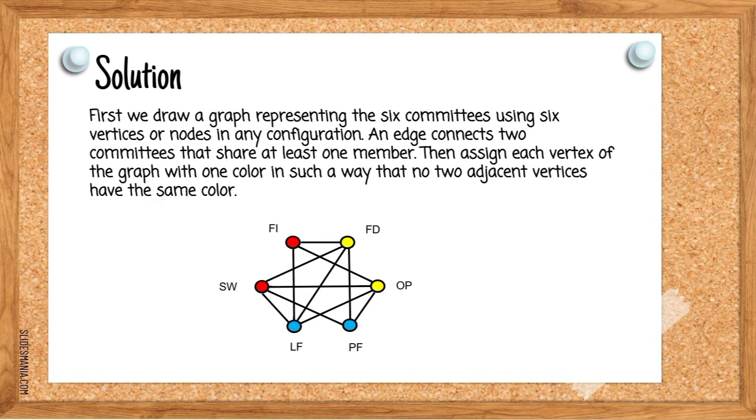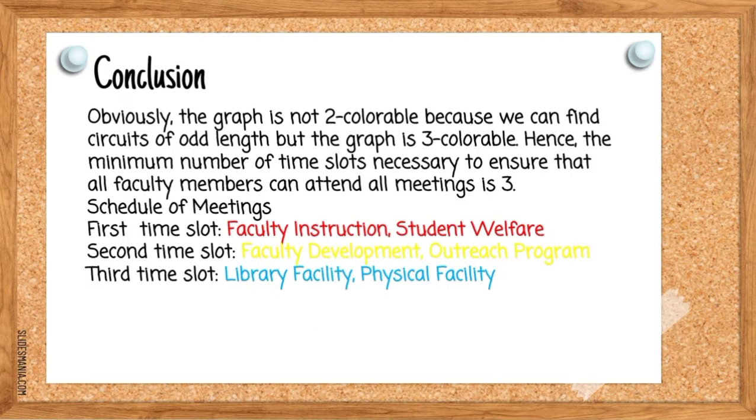The answer is shown. We have 3 as the chromatic number. Hence, the minimum number of time slots necessary to ensure that all faculty members can attend all meetings is 3.